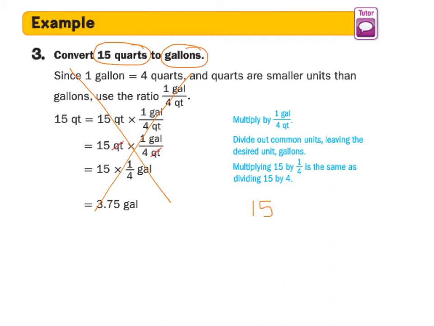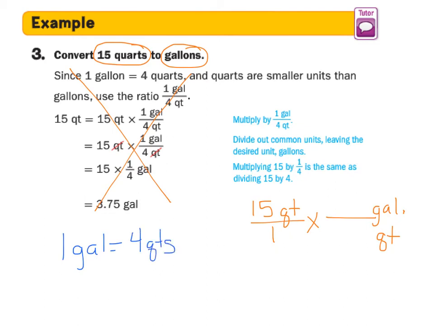So 15 quarts over 1 times gallons. And we can't put G because G is recognized as meaning grams, and we're not measuring in grams here. So gallons to quarts. If you look at your chart, you'll find out that 1 gallon equals 4 quarts.